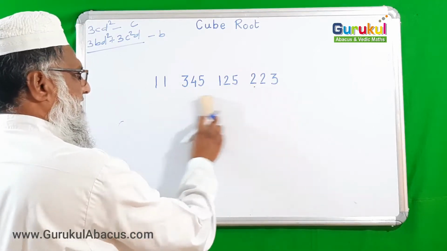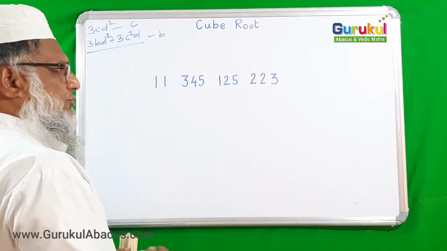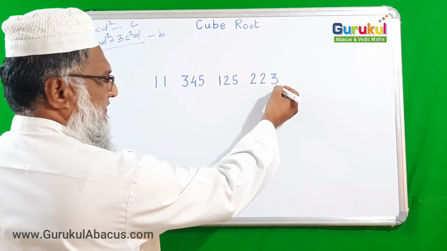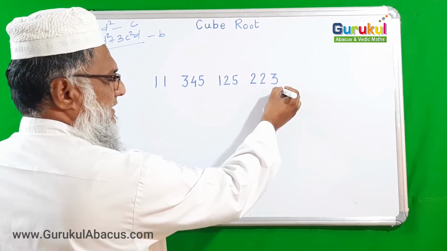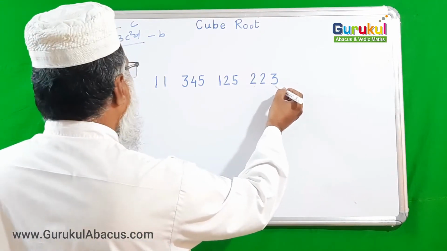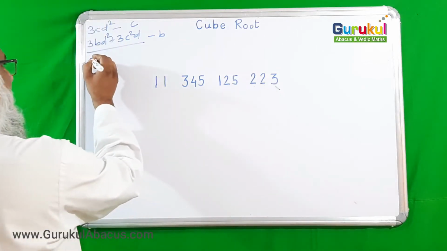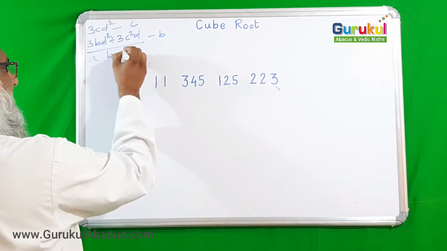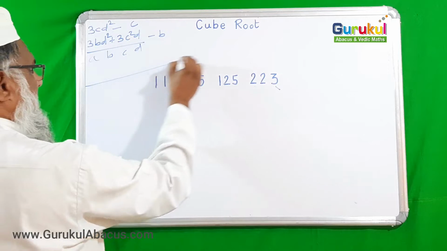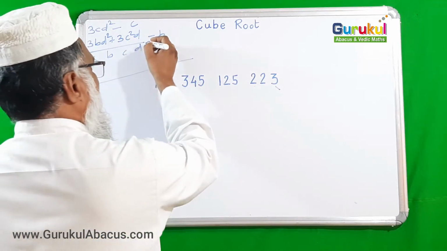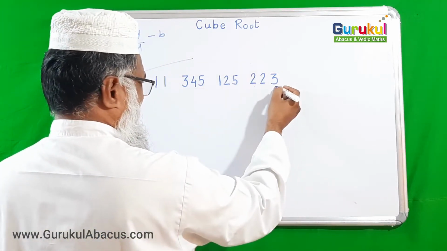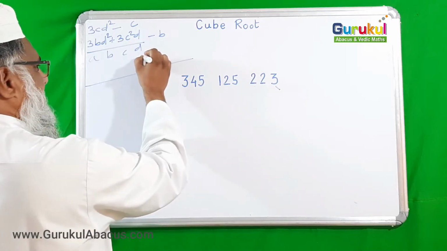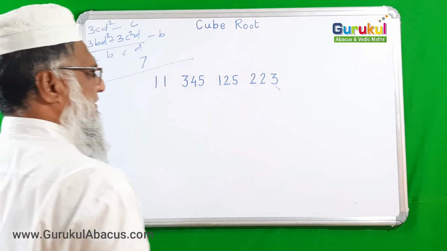Now we are starting to solve our example. By observation we can understand, here is 3, it means the complement of 3 is 7. Here I want to write like that, a b c d. So example digit we will write here. So 3 is here, so 7 is the d, we know it, so we are not explaining.